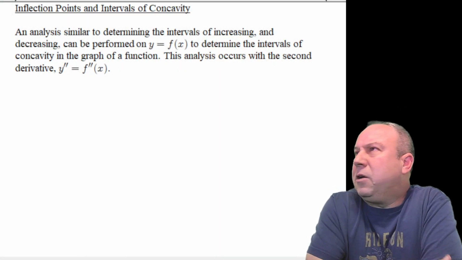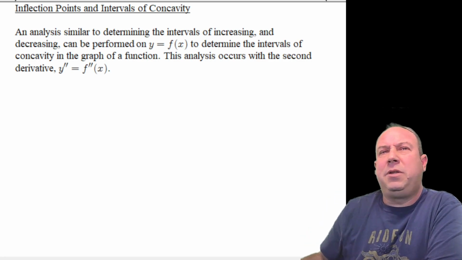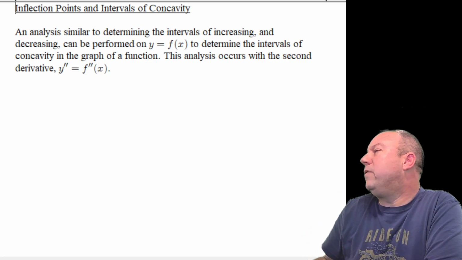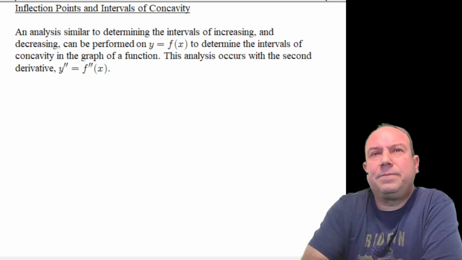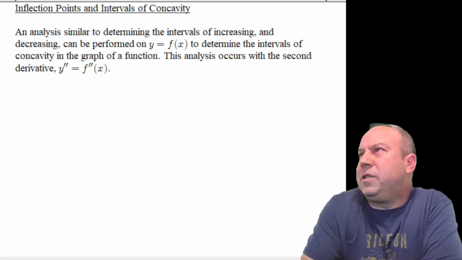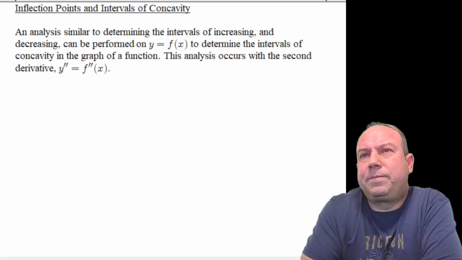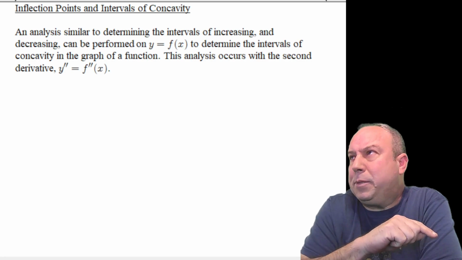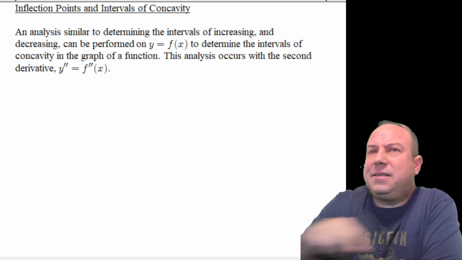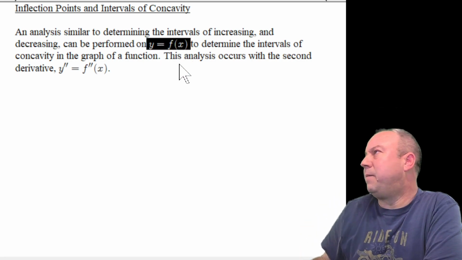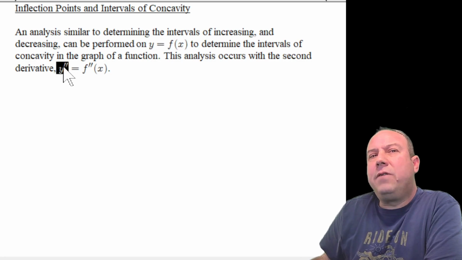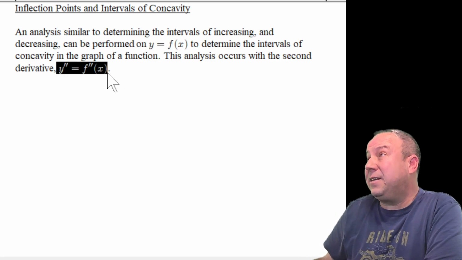And as I open here with, again, this is very similar to what we have seen for intervals of increasing and decreasing behavior. Right? Except it's an analysis that we perform on y equals f of x, some function that involves the function's second derivative.